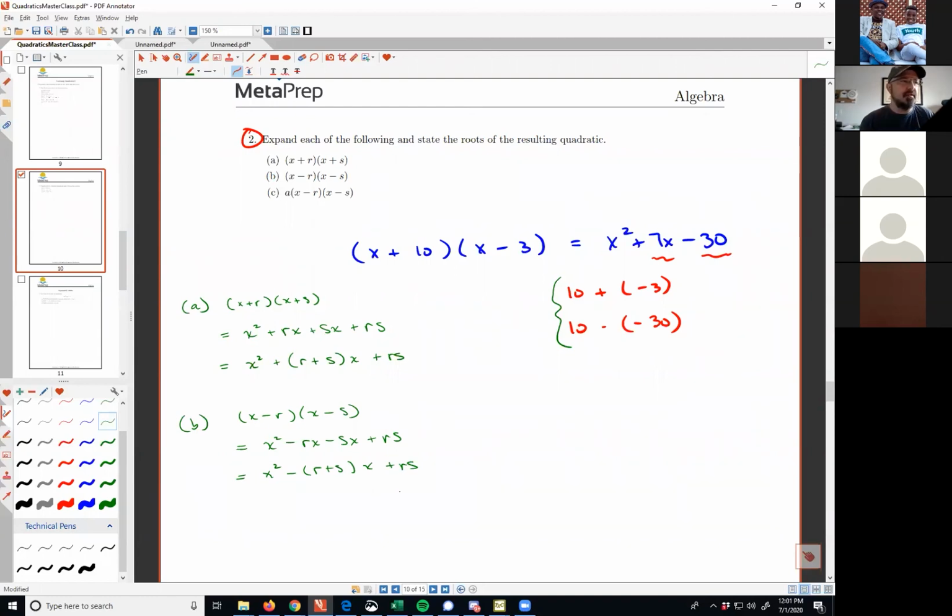And now we've written, the roots of the first quadratic are x equals -r and -s. But here we have a quadratic whose roots are r and s. And part C also has roots r and s.